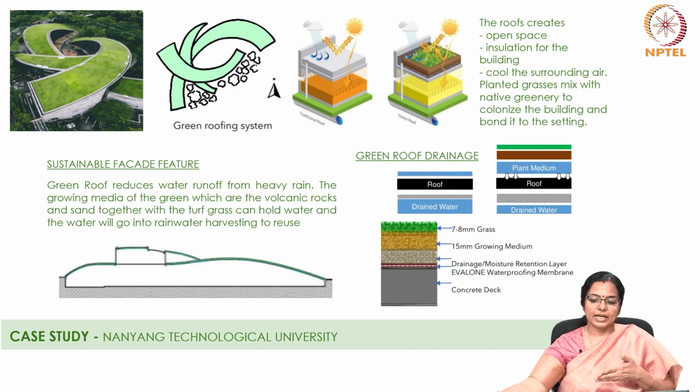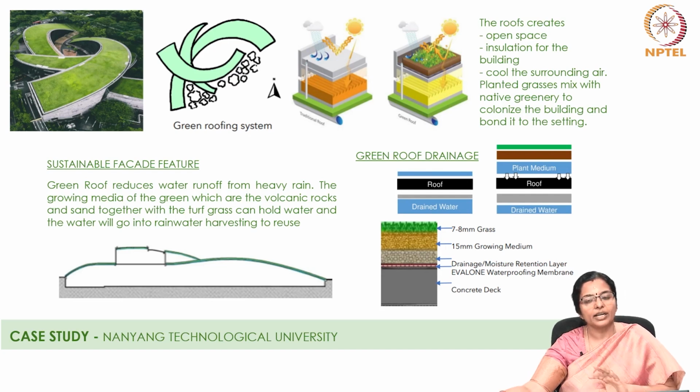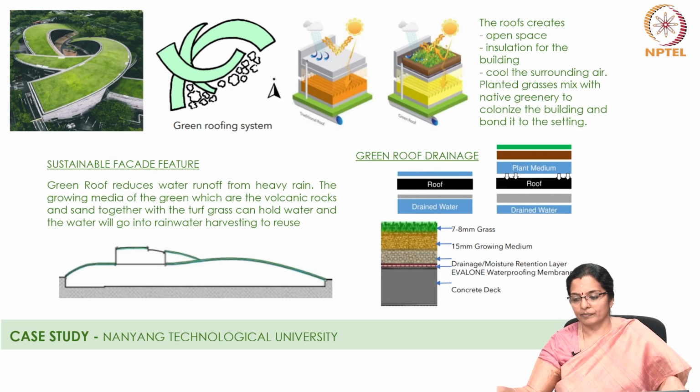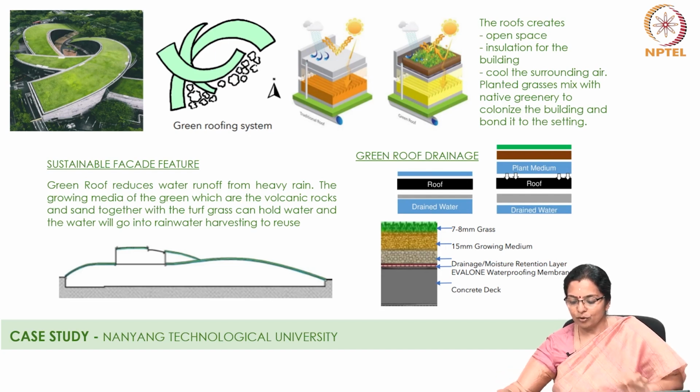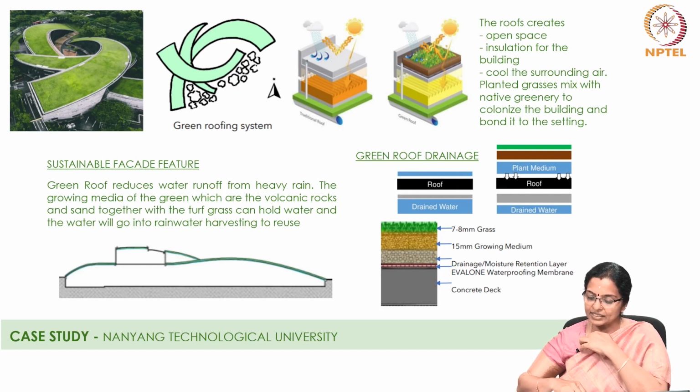The roofs create open spaces, insulation for the building, cooling the surrounding air. Planted grasses are mixed with the native species to colonize the building and bond it into the setting. The green roof has a drainage system as such.